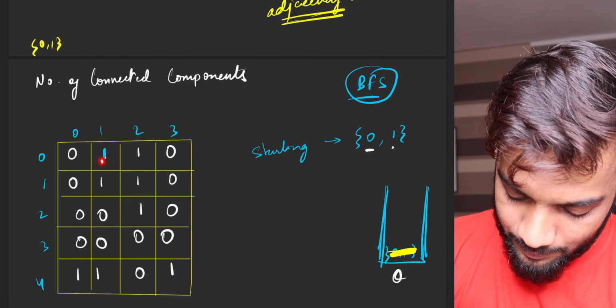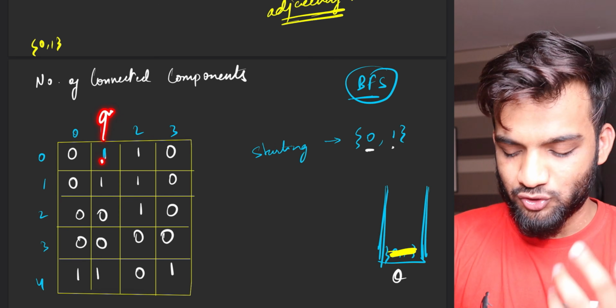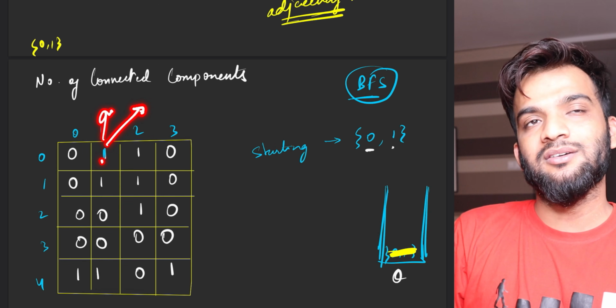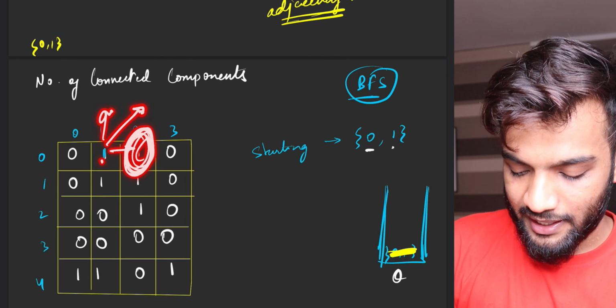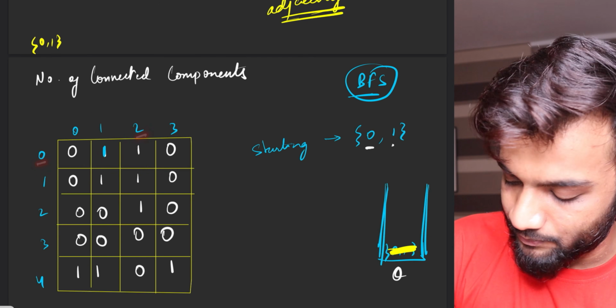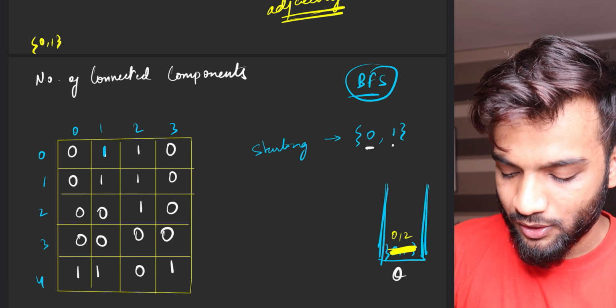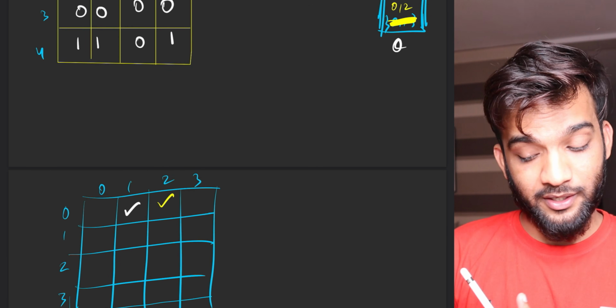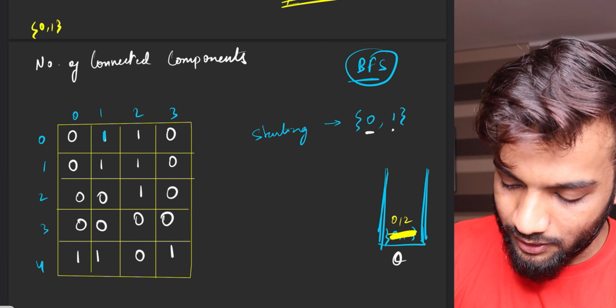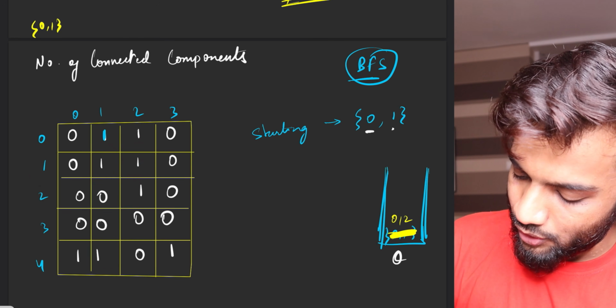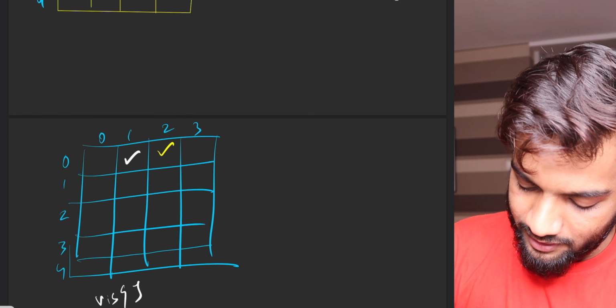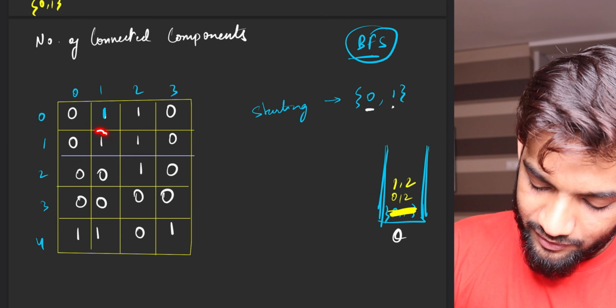So does it have a neighbor on the up? That does not exist. Does it have it here? No. Does it have it here? Yes. We have someone, and that's on row 0 and column 2. So go and mark it. Perfect. Next. Does it have it here? Yes. That's on row 1 and column 2. Mark it. Next. Does it have it here?